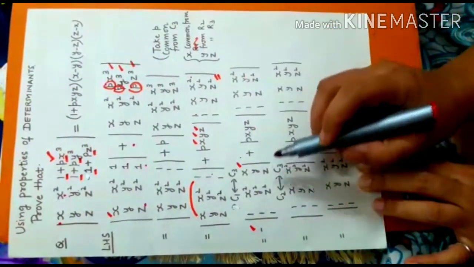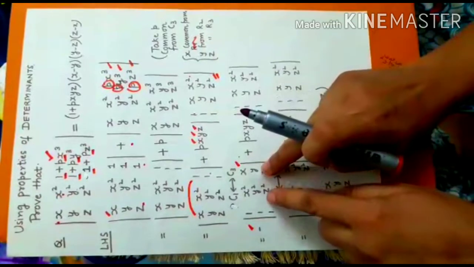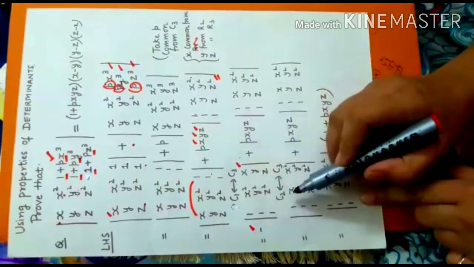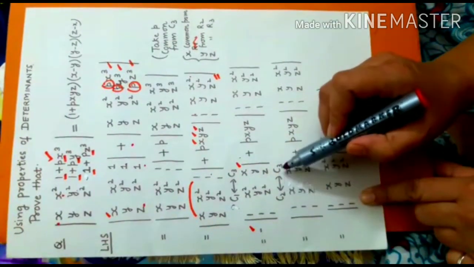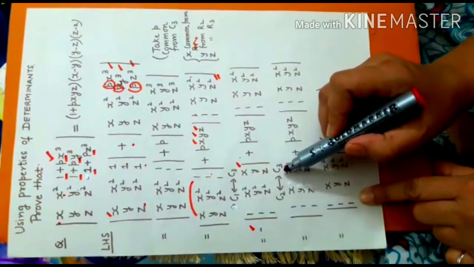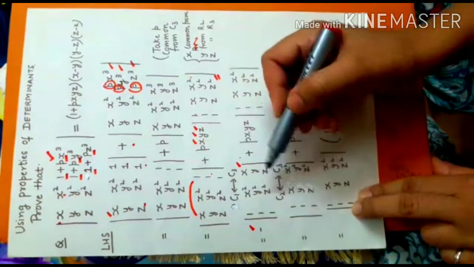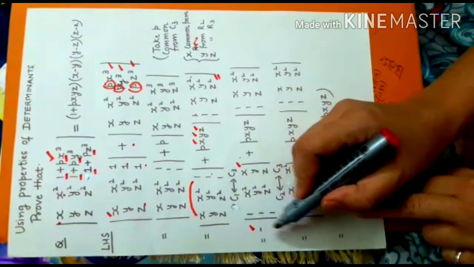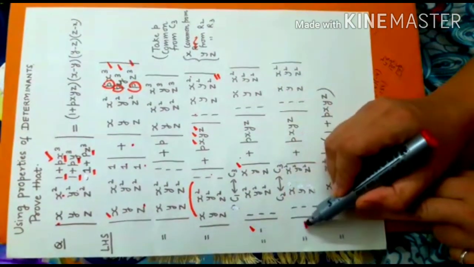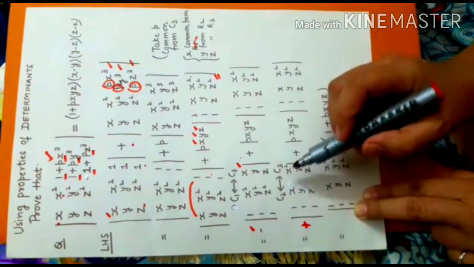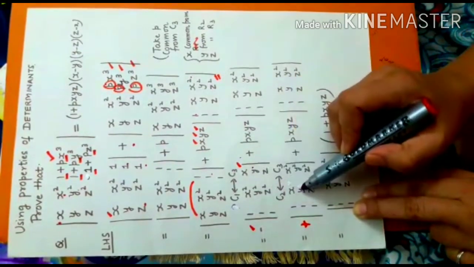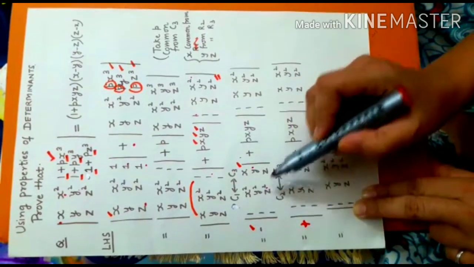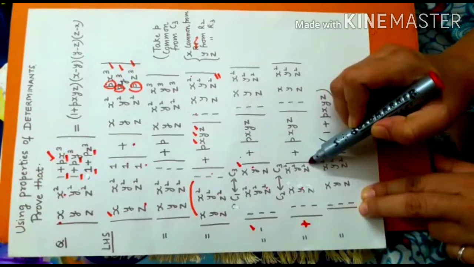Now again, I interchange these two columns. I apply the operation C2 and C3 are interchanged. So again, the two columns are interchanged, so the sign of the determinant will change. So I'll get here a plus sign. So this third column will become second and the second column will become the third column.